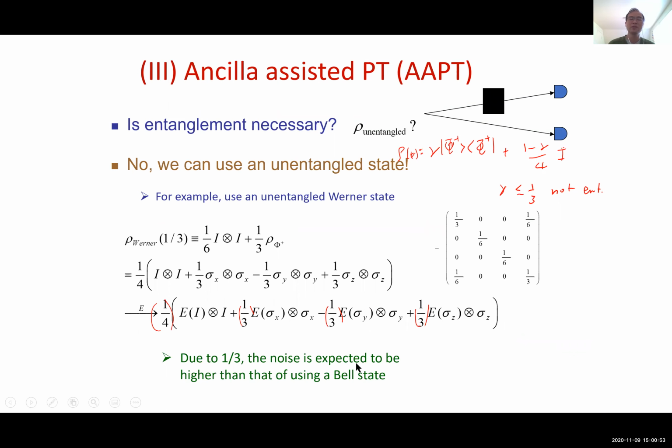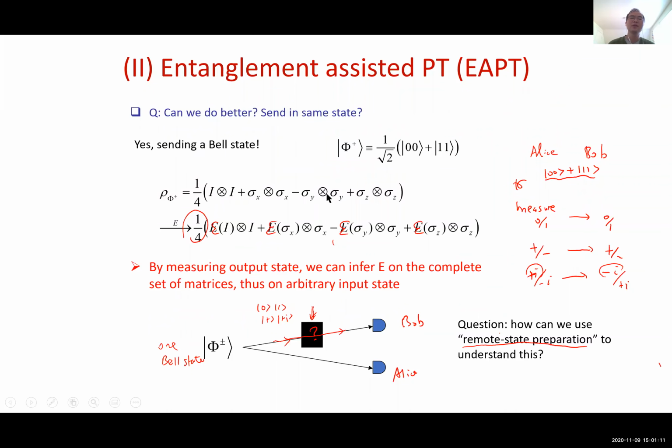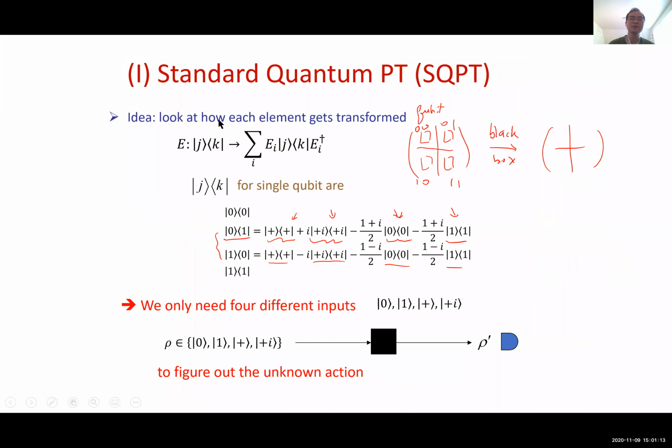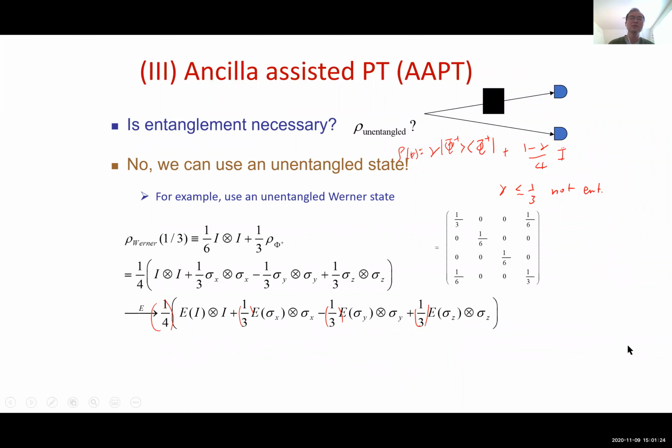You would expect that you need more data to perform the process tomography using such an unentangled state. But I think the key is that if you can understand the first one, it's conceptually the same as the second one if you introduce the remote state preparation picture.